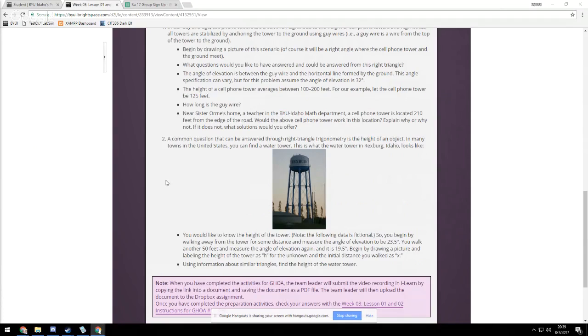And the reason why we need that is then we add the 19.5, which gives us 176, and that gives us that our top angle at the top of the tower from inside is 4 degrees.